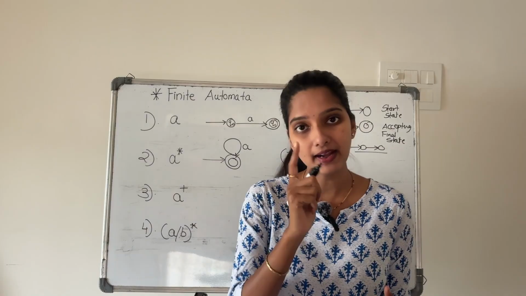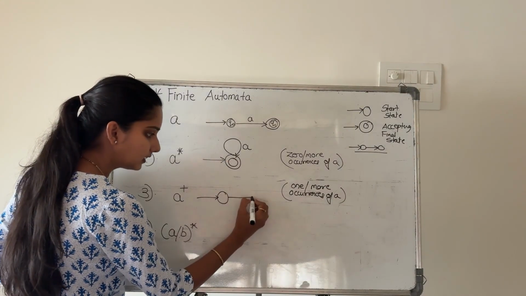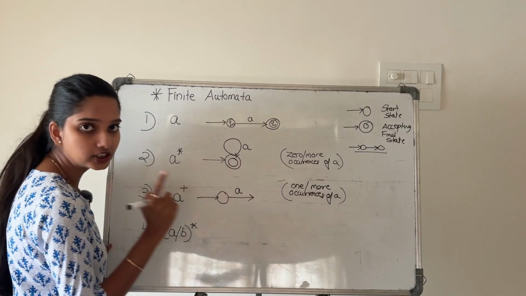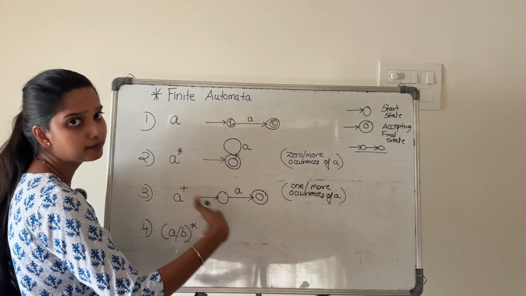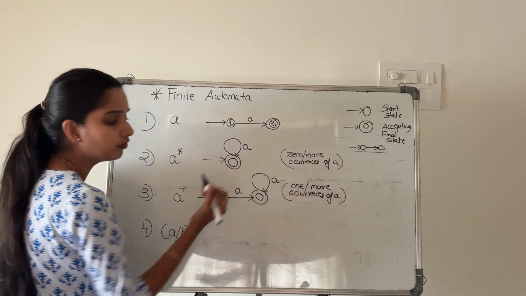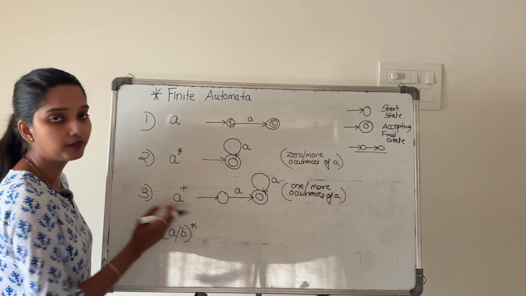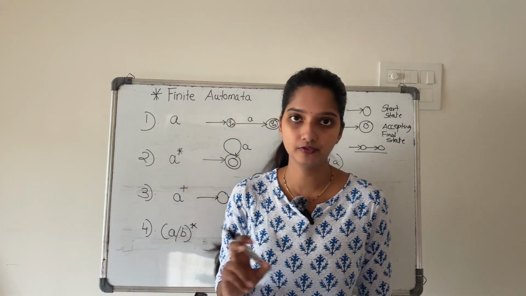It should accept at least one A, and later on there can be more A's also. So we can put a self loop. This is how we need to draw an automata for A plus.